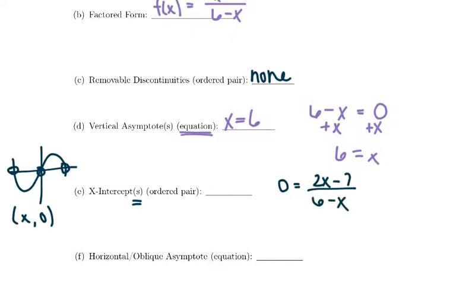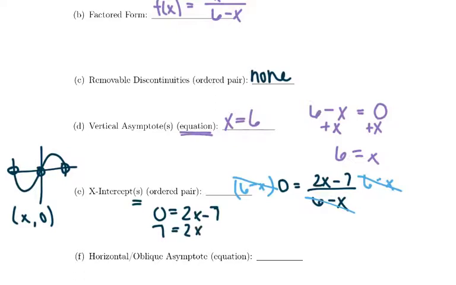But notice every single time your first step is going to be to multiply both sides by the denominator, and it's always going to turn into 0 equals the numerator. So you can just remember that you set the numerator equal to 0 if you are able to memorize that. But if not, you can think of it, I know what an x-intercept is, so I can find it that way.